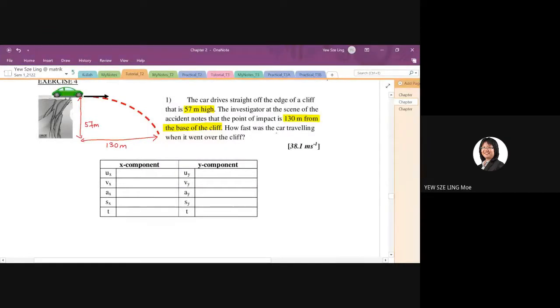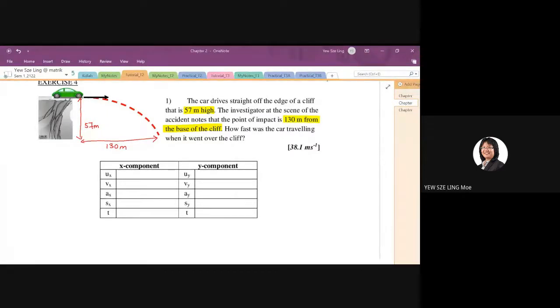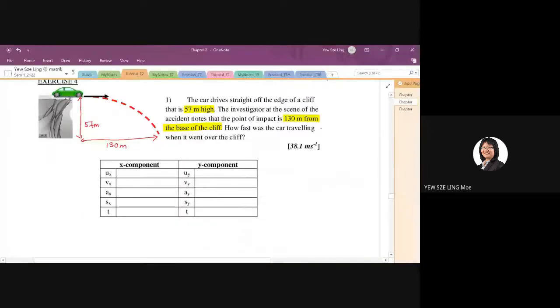How fast was the car traveling when it went over the cliff? What does it mean? The question is asking for initial velocity, because it wants the velocity when it went over the cliff. If you look at the question, it says how fast.